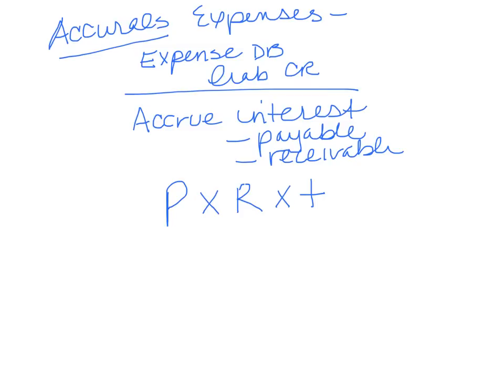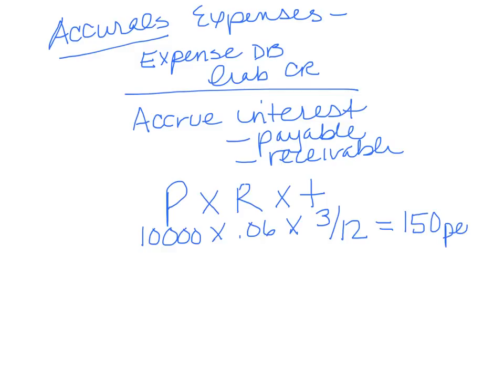So for example, if we were given a note for $10,000 at a 6% interest rate for 3 months, we would then take 3 over 12, which represents 3/12, and when you calculate that out, you get $150 per month.